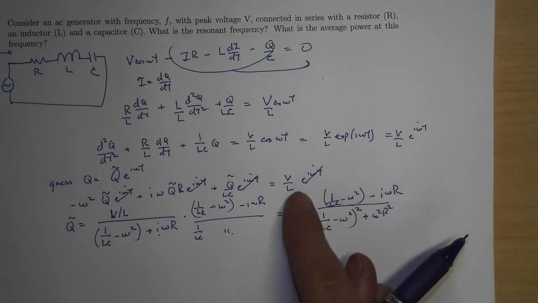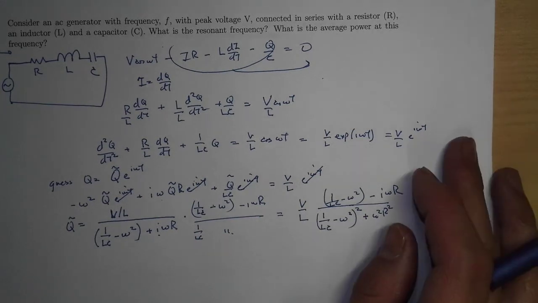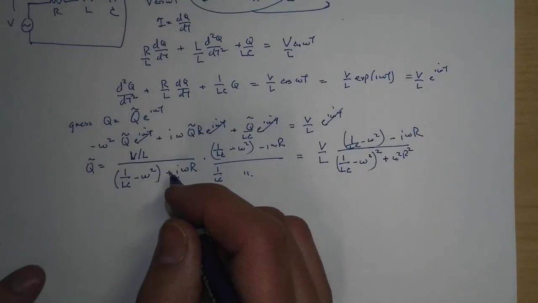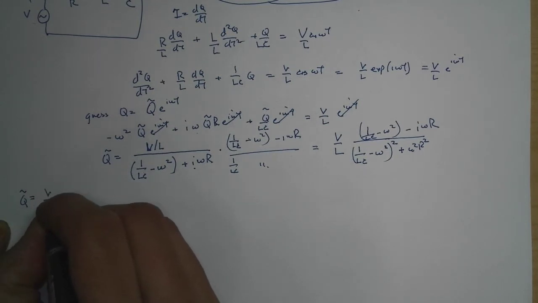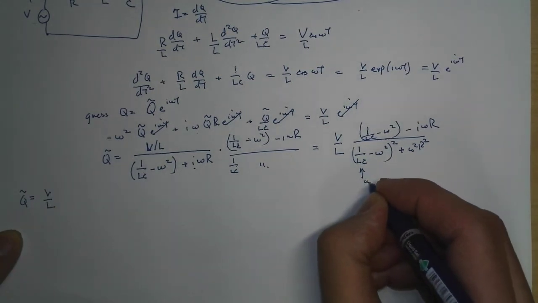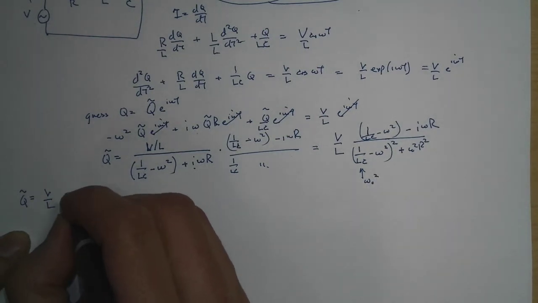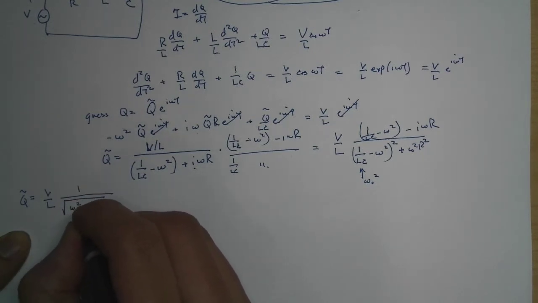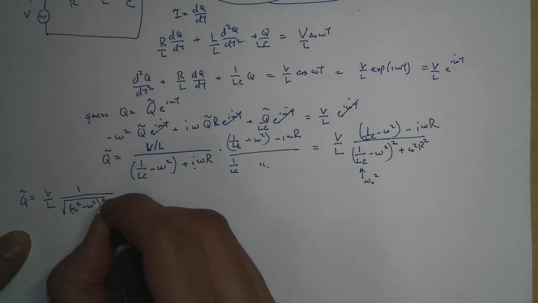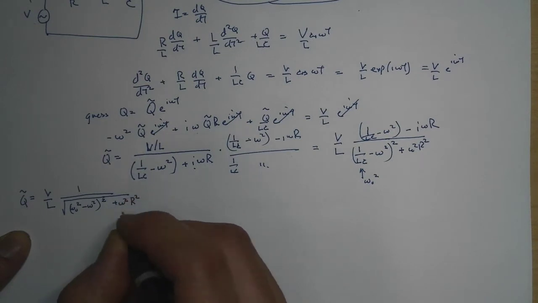What you want to do is reduce this down to something that looks like a normalization times basically tangent of delta. So you can rewrite this as Q squiggle is equal to V over L. I'm going to rewrite this as omega naught squared now, right? So this will simply be 1 over square root of omega naught squared minus omega squared, everything squared, plus omega squared r squared.